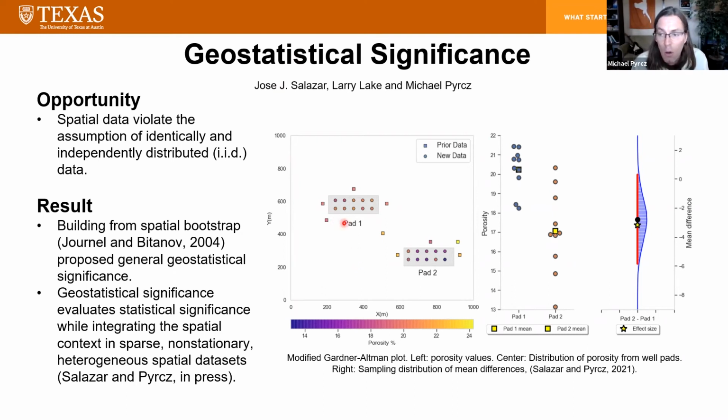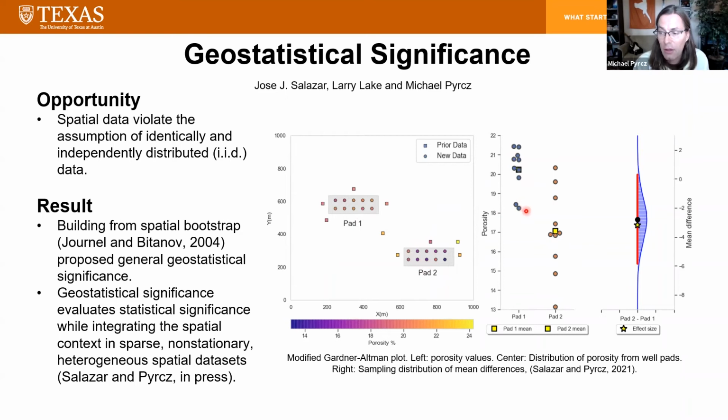Yes. What we've done is we've looked at taking the concept of statistical significance and extending it to spatial geostatistical significance. The methodology we're using is the spatial bootstrap resampling approach. We can account for conditioning information. We can account for non-stationarities. And what we can do is take the information from pad 1, a subset of the data, and pad 2, a subset of the data.